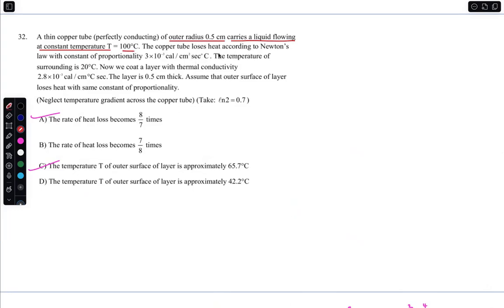The copper tube loses heat according to Newton's law with constant of proportionality K times T minus T naught. The temperature of the surroundings is also given. Now we coat a layer with thermal conductivity K given, thickness given. Assume the outer surface of the layer loses heat with the same constant of proportionality.